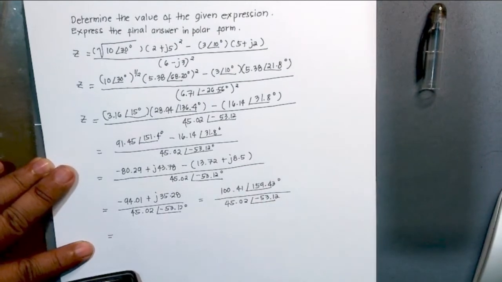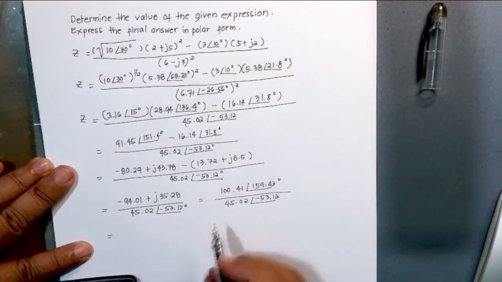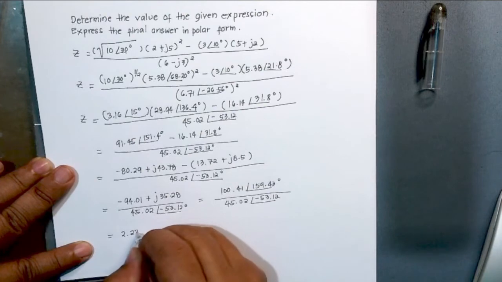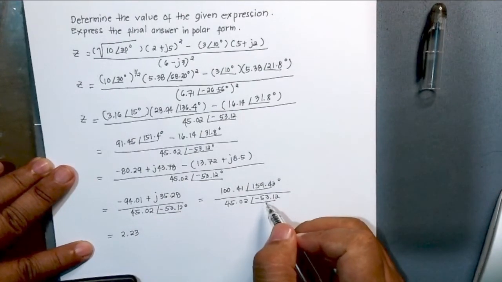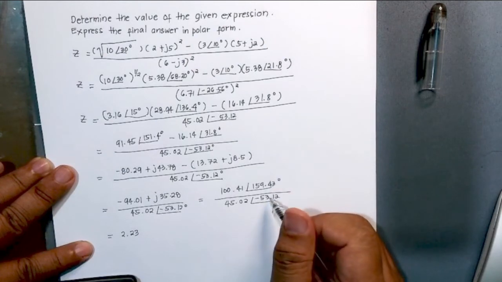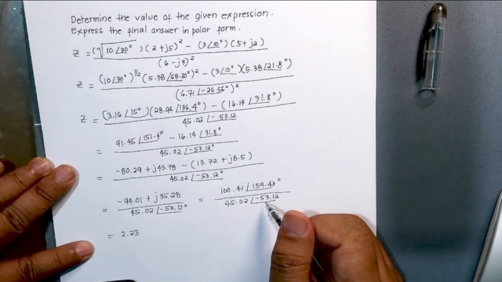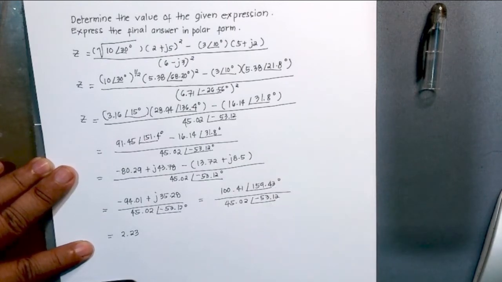Okay. So I can now directly divide the polar form of numerator and the denominator. So 100.41 divided by 45.02, okay, it will give me 2.23, and the angle is, when I have it transferred from denominator to numerator, the sign of the angle will change. If this is negative, it will become positive.